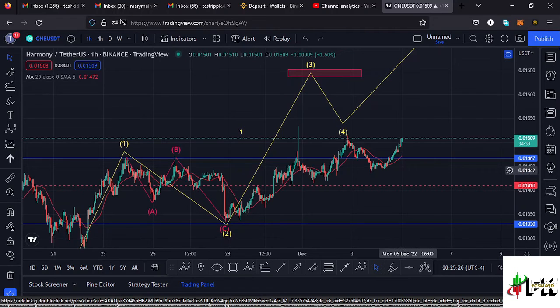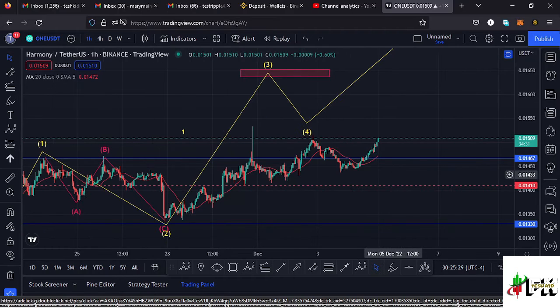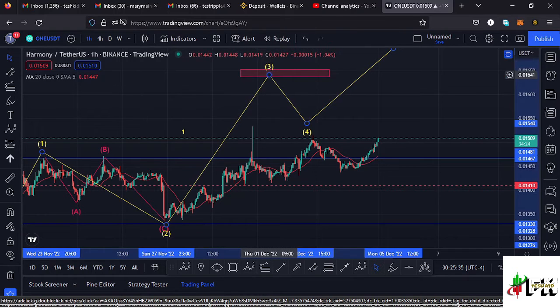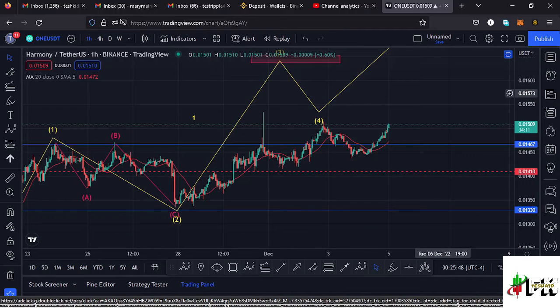We are also trading above the 20-day MA, meaning the 20-day MA here on the 1 hour chart is also acting as support, and it will give us support to continue pushing even higher to fully maximize the formation of that wave 3 before we see that retracement to the lower side in the formation of a wave 4, and then continue pushing higher in the formation of that wave 5. Those are the short-term scenarios that I expect to play out here on the Harmony One chart.